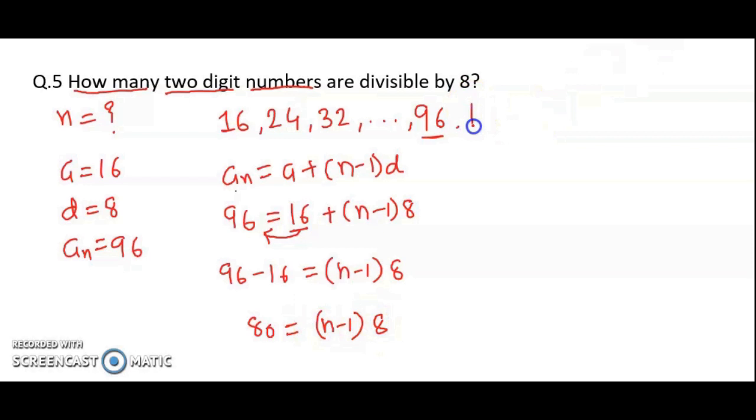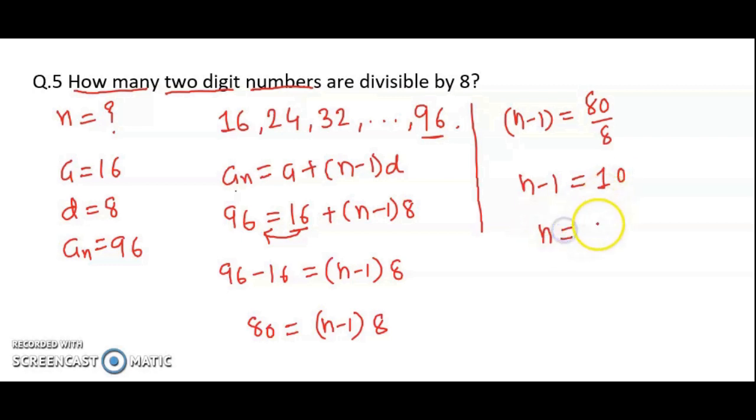So here we get n minus 1 equal to 80 divided by 8, that is 10, and hence n equals 10 plus 1, that is 11. So there will be a total of 11 two-digit numbers that are divisible by 8.